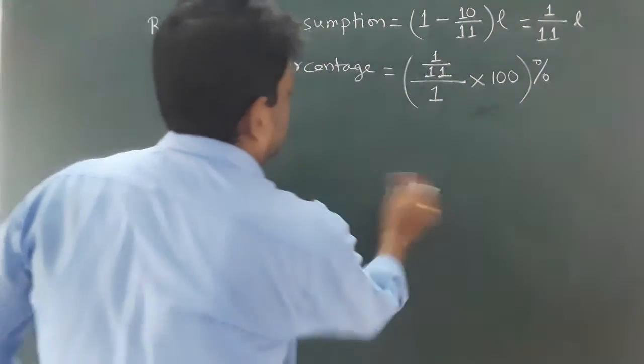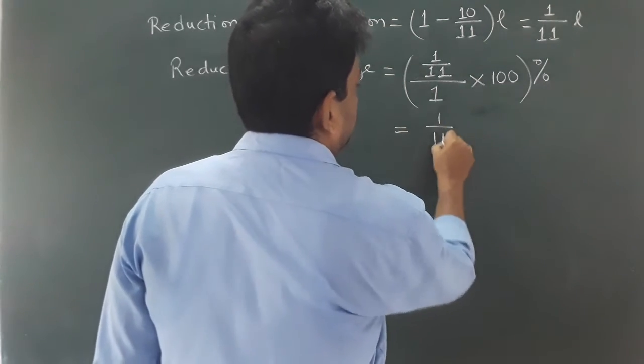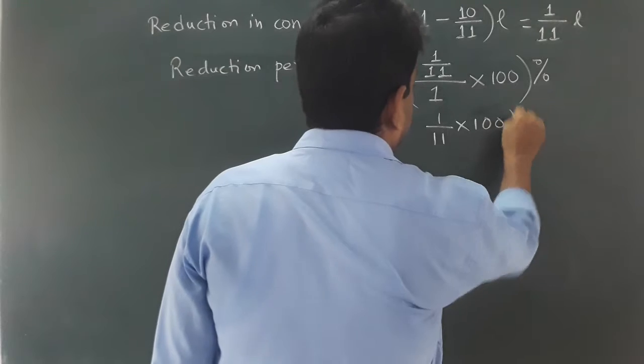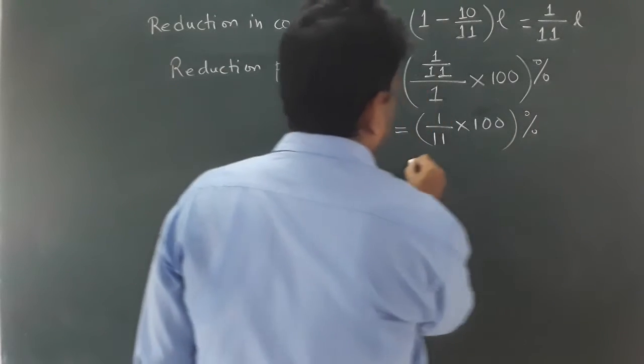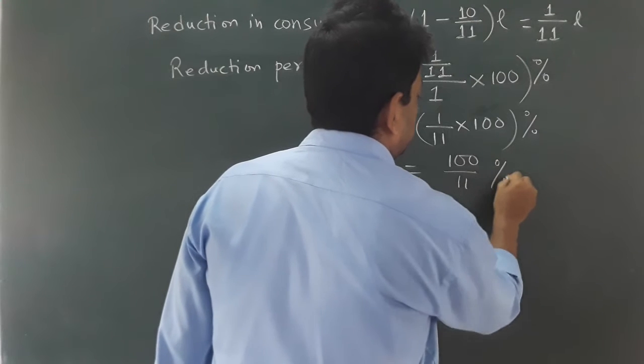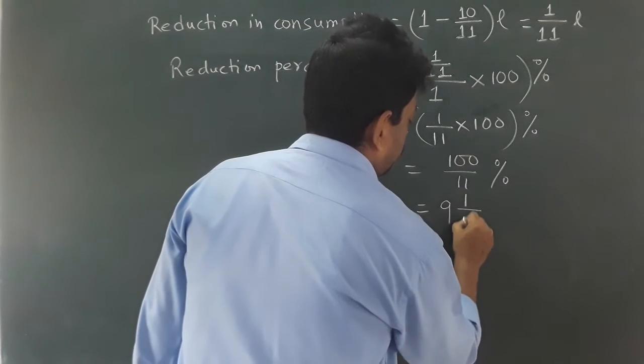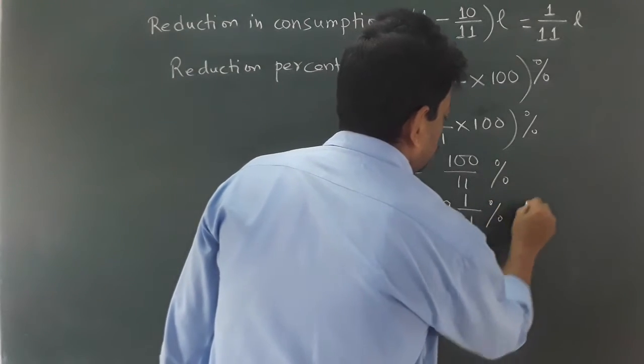So let me simplify this value. It becomes 1 upon 11 multiplied by 100%, or 100 upon 11 percent. That means 9.09%. So this is the answer.